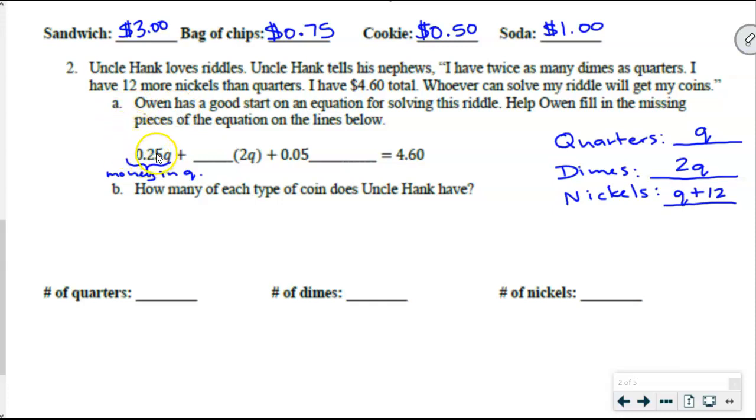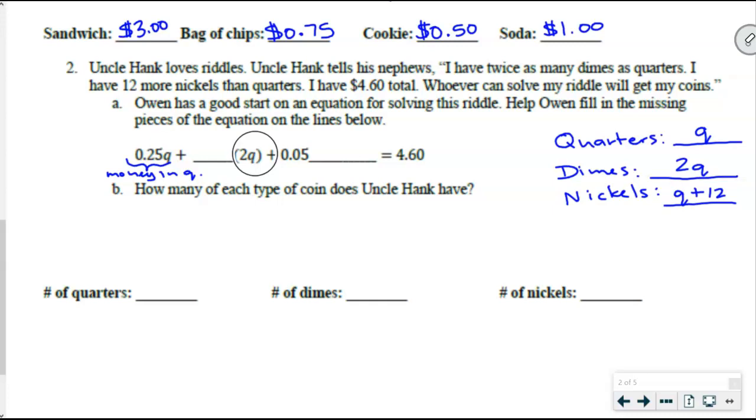If 0.25Q represents how much money we have in quarters, because we're taking the number of quarters that we have and multiplying it by the value of a quarter, which I hope you know is 0.25. I now have 2Q. This 2Q represents how many dimes I have.